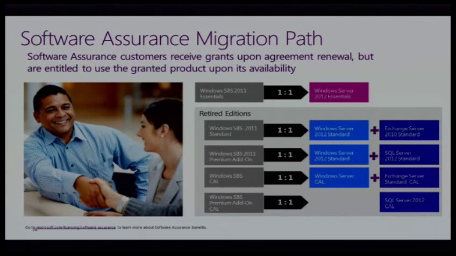For every one Windows SBS Premium add-on license that a customer had, they received one Server 2012 Standard Edition and one SQL Server 2012 Standard. CALs also received migration grants for our SA customers. SBS CAL gets Windows Server CAL plus Exchange Server Standard CAL, and SBS Premium Add-on CAL gets SQL Server 2012 CAL only.